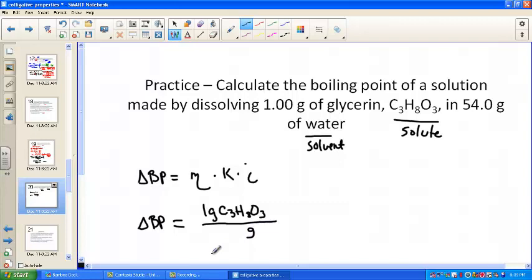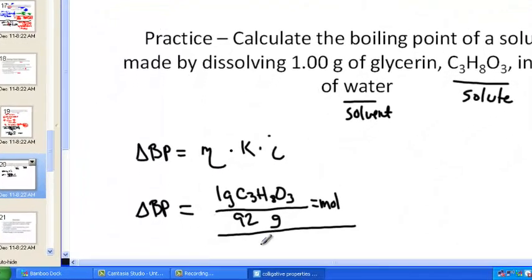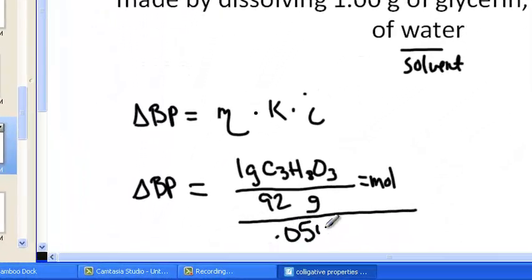There's 12 times 3 plus 8 plus 16 times 3. Did you find 92? I did. Grams over formula weight is a mole. Mole per kilogram of solvent. 54 grams is 0.054 kilograms of water.